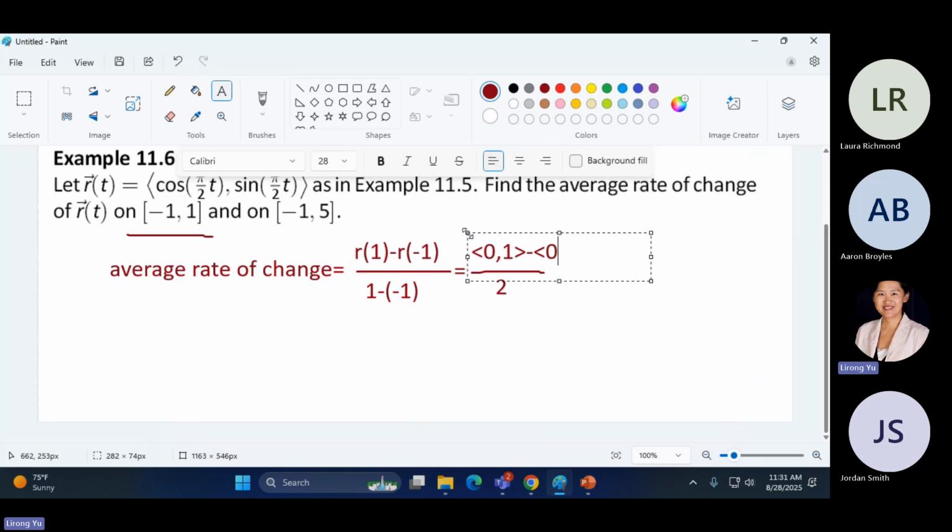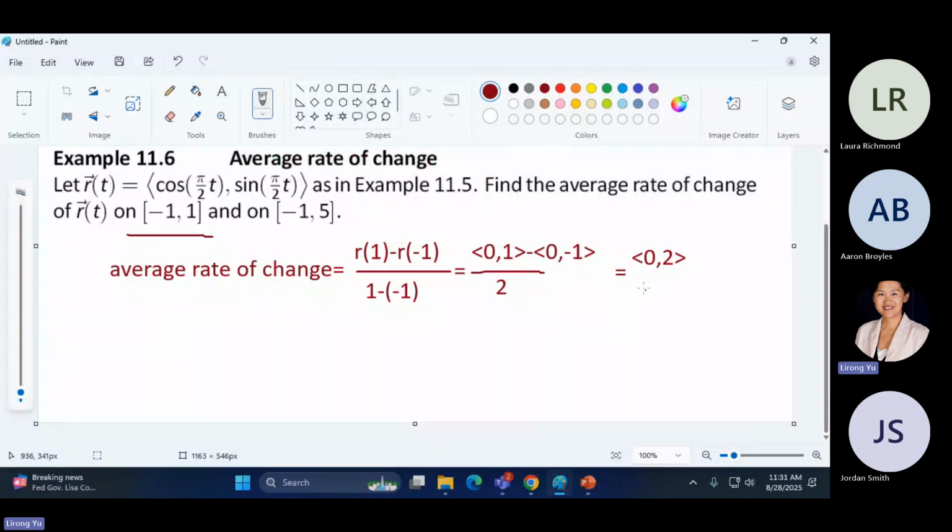Then for -1, cosine of negative pi is 0, and sine of negative pi/2 is negative 1. After we subtract those two vectors in the numerator, we have the vector (0, 2), divided by 2. So our final answer for the average rate of change is the vector (0, 1).